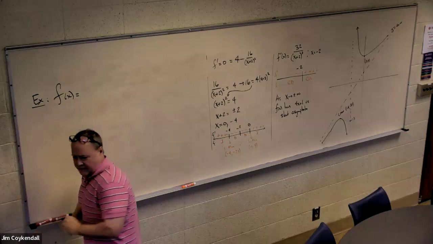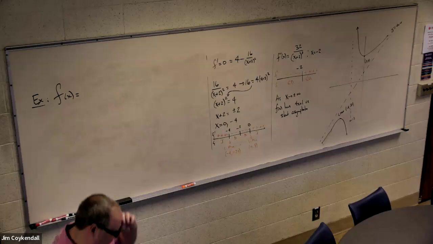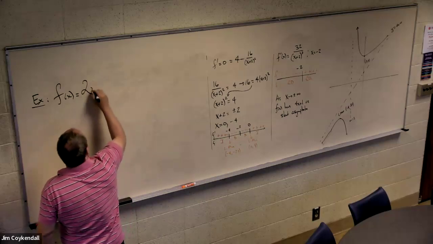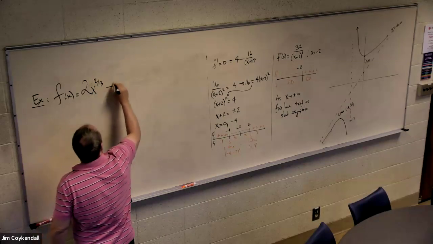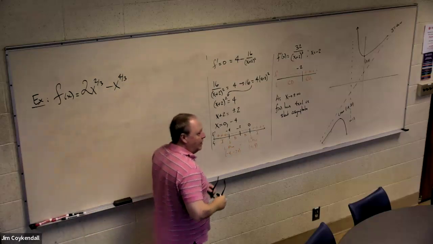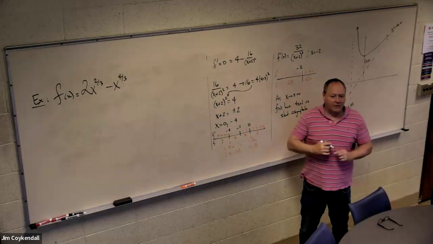F of x is x to the 2/3 times 2 minus x, or 2x to the 2/3 minus x to the 4/3. Okay, first question out of the box: where is this function defined?